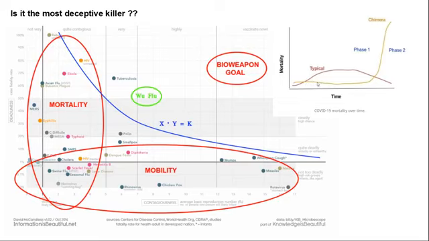So this virus keeps on spreading in the community until it reaches a lot of susceptible people, and then it hits an epidemic. That's why people get completely off guard, and that's why a lot of people die. So what I'm trying to say is that this virus has a lot of mobility, and finally it has a lot of mortality once it hits the limit. So it's very deadly.